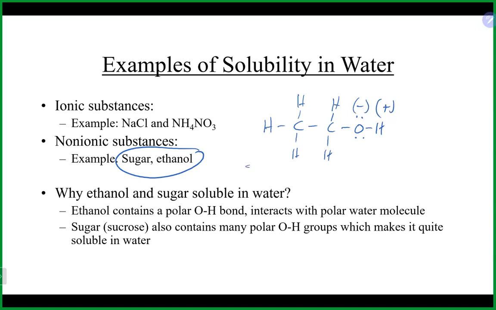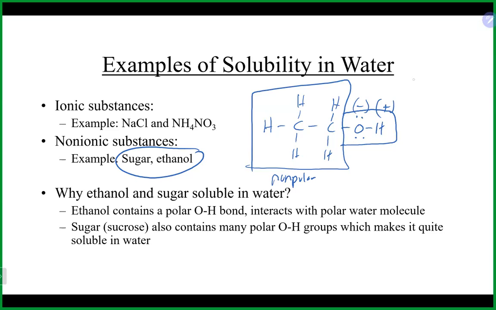And once again, it really has two parts. It has this non-polar part, which is not going to work really well with water. But the redeeming quality of this molecule is that it has this OH bond, which once again is a hydrogen directly attached to an oxygen, which means it's able to hydrogen bond.